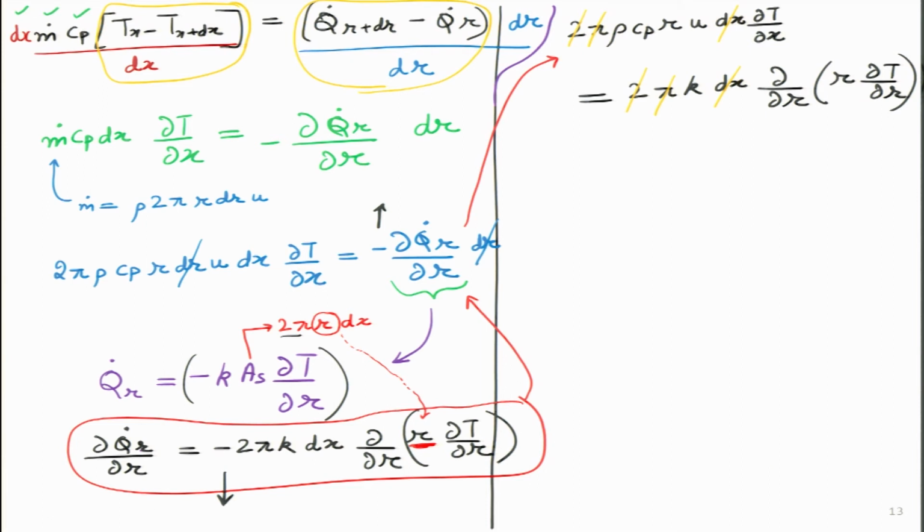Now, I will write it in this form. I will arrange it in this way, just u del t del x I will keep on the left side, everything else I will take on the right hand side. So, then rho Cp will get divided by k. So, it will become k divided by rho Cp. This is the first term.